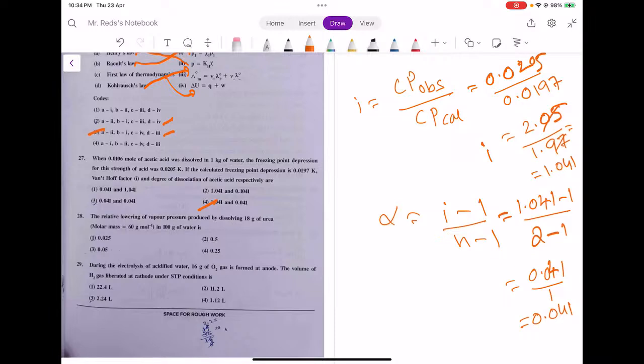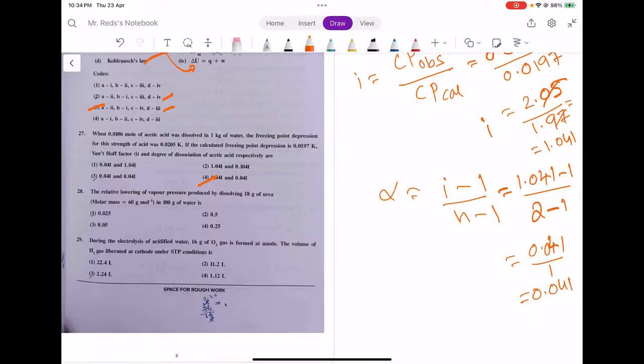Next, question number 28. The relative lowering of vapor pressure produced by dissolving 18 grams of urea.